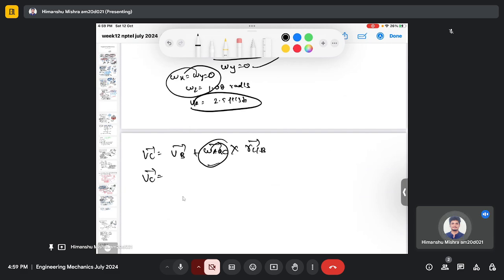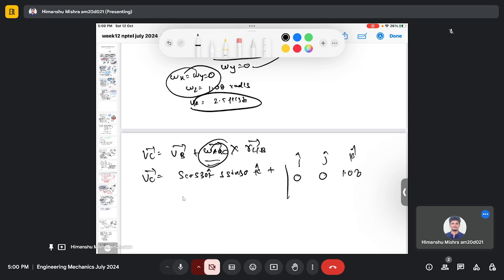So VB we know is 5 cos 30 minus 5 sin 30. And we also know this quantity: omega x is 0, omega y is 0 and omega z is 1.08.